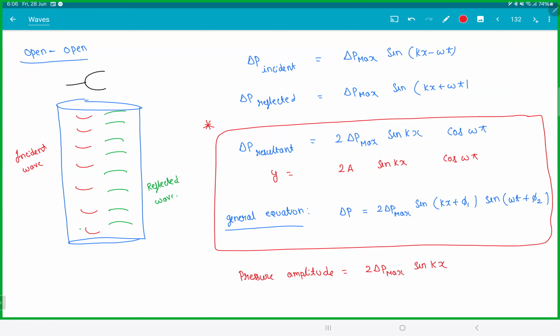Let's see what it means. And be careful, the tuning fork you have to keep this way. If you keep the tuning fork like this, horizontally, sound will go this way. Sound won't enter.